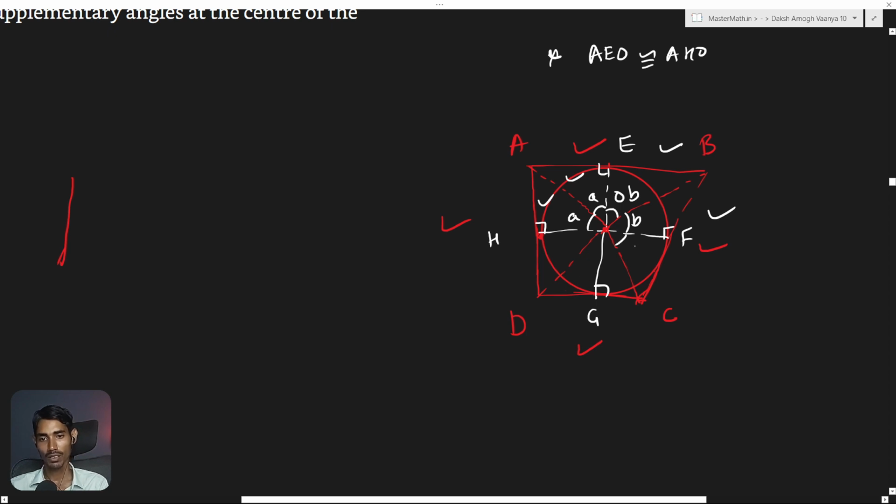And it is not very difficult to understand why these are also equal, right? Zubair, is that okay? Yes, sir. Okay, so we are just learning ABCD. It's not much. Now, what is the sum of these? 2A plus 2B plus 2C plus 2D is 360. It's a circle, right? 360.